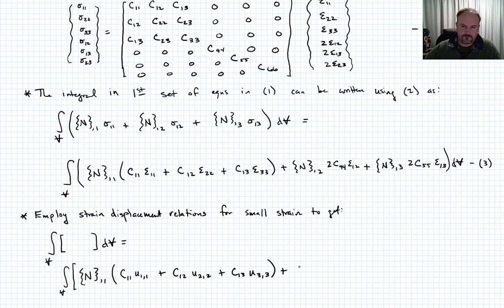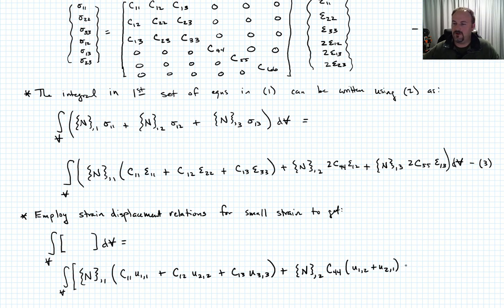Plus, remember the strain displacement relation is epsilon ij is equal to 1/2 (ui comma j plus uj comma i). So I have a 1/2 now times 2 in this equation that cancel out. And so I'm left with the partial of n with respect to x2 times C44. And then this quantity is u1 comma 2 plus u2 comma 1.